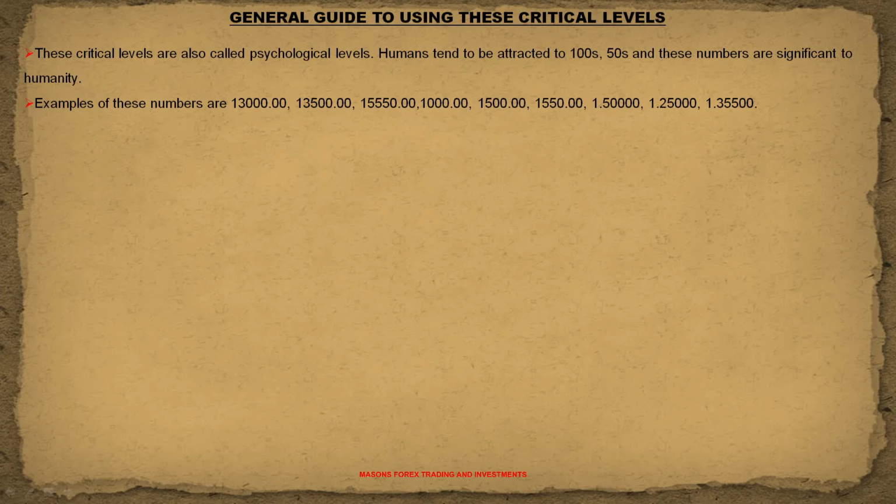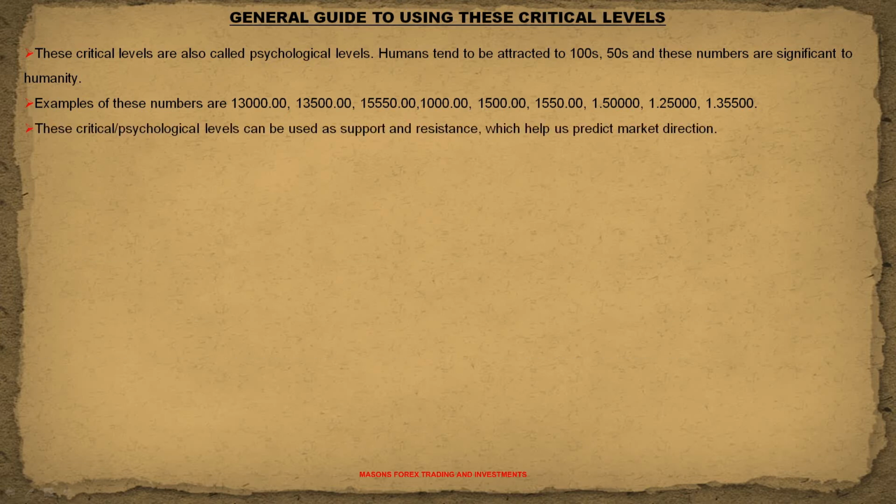Now looking at gold, you have 1,000.00, 1,500.00, and 1,550.00. And looking at your currency for EURUSD, you have 1.50000, 1.25000, and finally 1.35500.